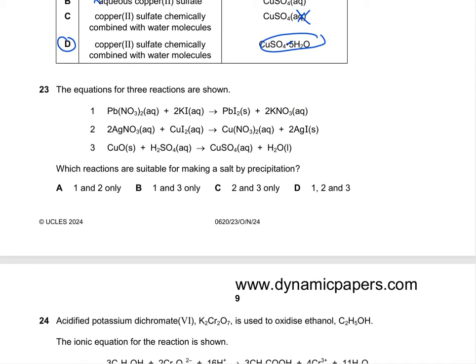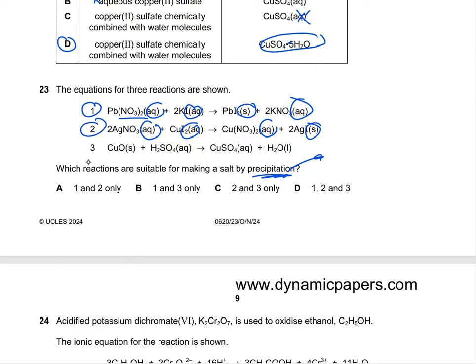The equations for the three reactions are shown. Which reactions are suitable for making a precipitate? Precipitation: we put two aqueous salts to react together and they produce one solid and one aqueous salt. So that's true for the first: two aqueous salts giving one aqueous salt and one solid salt.